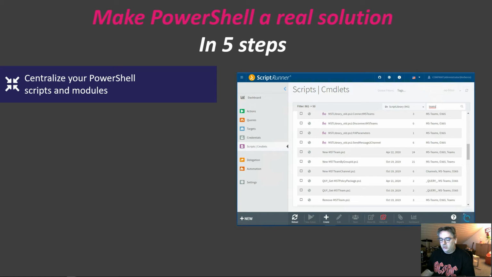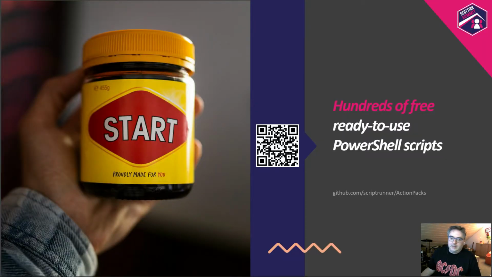And if you now say, okay, I don't even have scripts at the moment to start my automation journey, we have some good news here, because we are actually providing hundreds of free ready-to-use scripts on our GitHub repo. So if you go to github.com/scriptrunner/actionpacks, there are hundreds of scripts for many different platforms, for Office 365, for Azure, for Active Directory, for Exchange, for VMware.